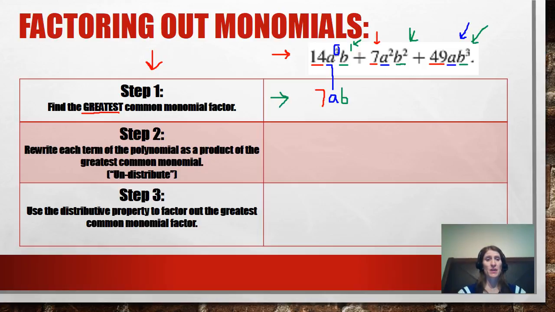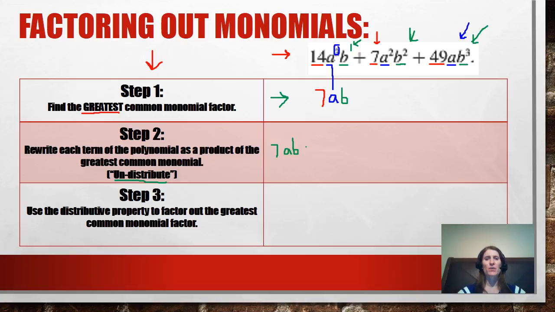Okay. Then step 2 says to rewrite each term of the polynomial as a product of the greatest common monomial. Ooh, that's kind of a lot of words. This right here says to undistribute. So basically I'm going to write 7ab, because that was my greatest common monomial factor, okay?